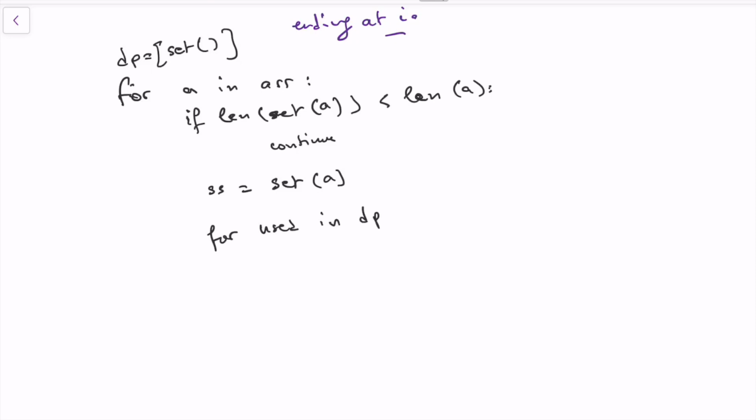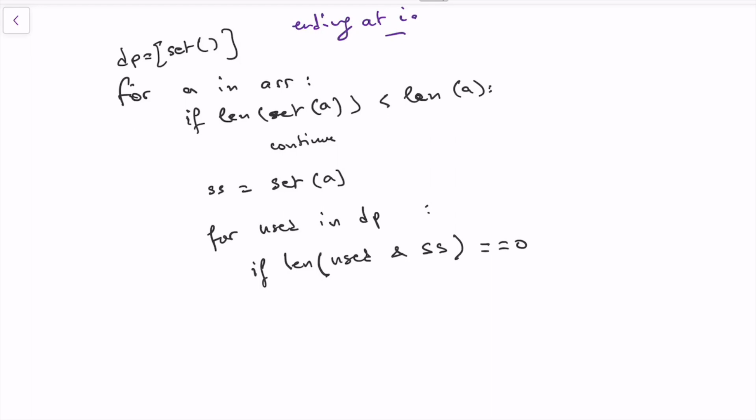And then we will check if taking this string is possible, right? If it's valid to take the string. We do that by checking the length of what we used before and this set, the same way as we did in the recursive solution. If that equals 0, that means there are no duplicate values between them, right?